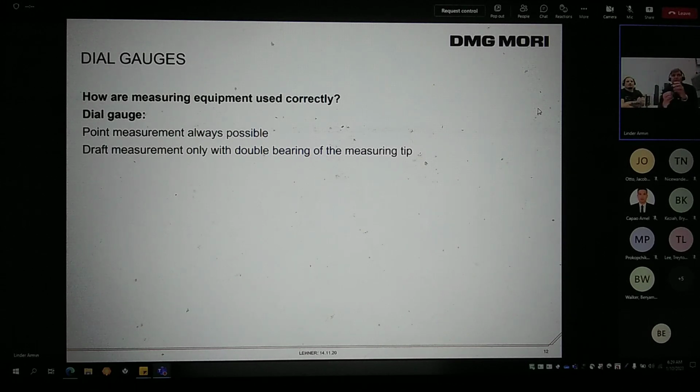Sometimes there must be two bearings in this shaft, so that the dial gauge can do draft measurements. For point measurements, it's always the same, but if you have a draft, it can have an influence and give a bad result.